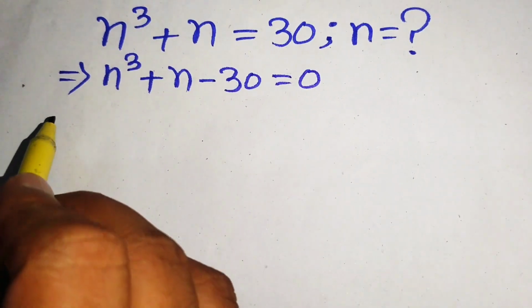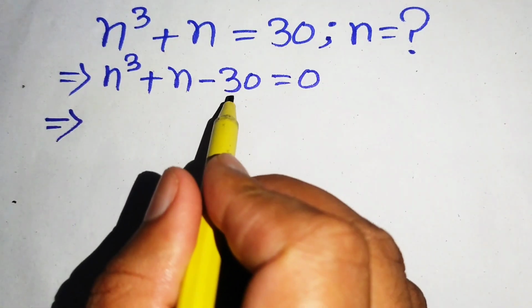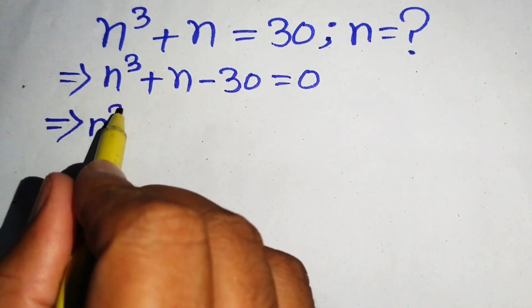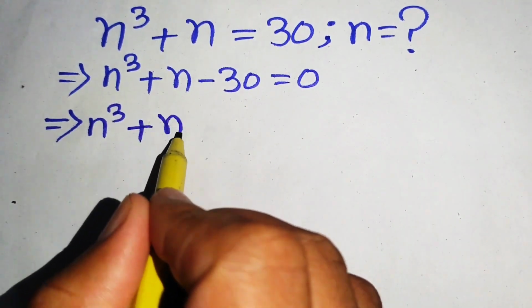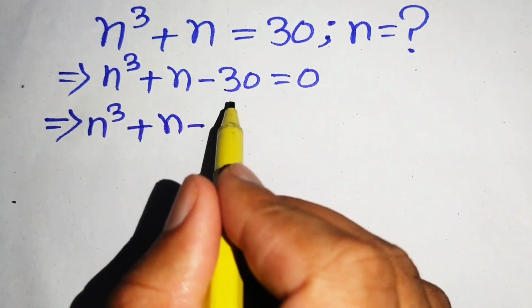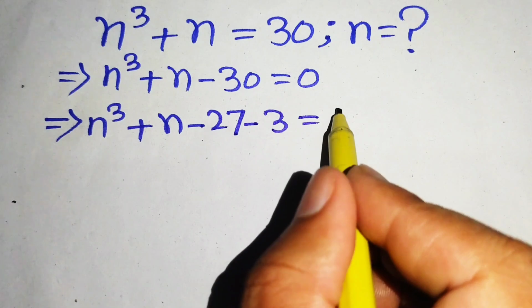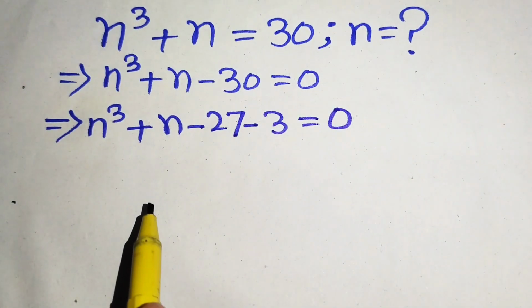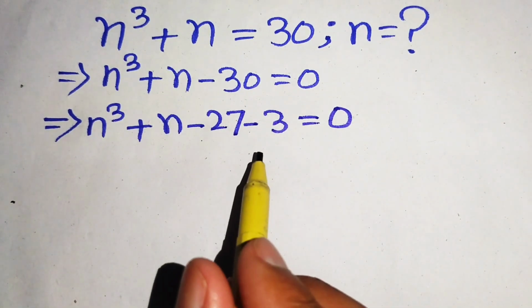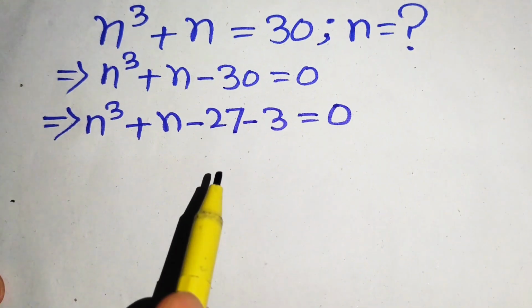So in the next step we break our 30 and write it as n cubed plus n minus 27 minus 3 equals 0, because we know that minus 27 minus 3 becomes minus 30.